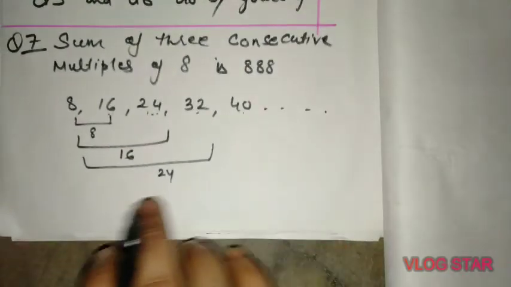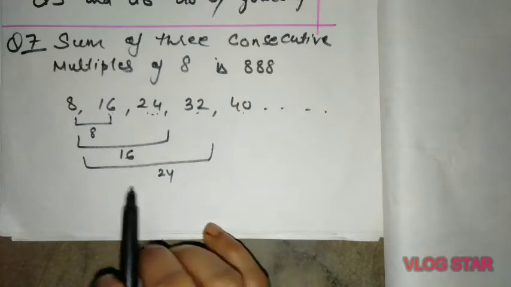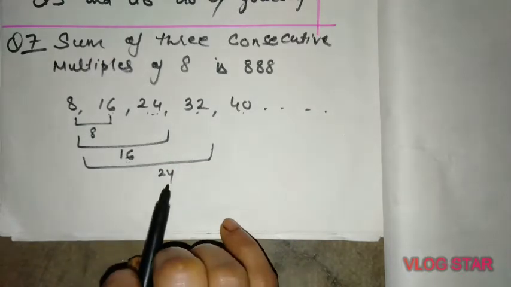So what we can see is that when the multiples of 8 are taken in consecutive order, they increase by 8, 16, 24, likewise.